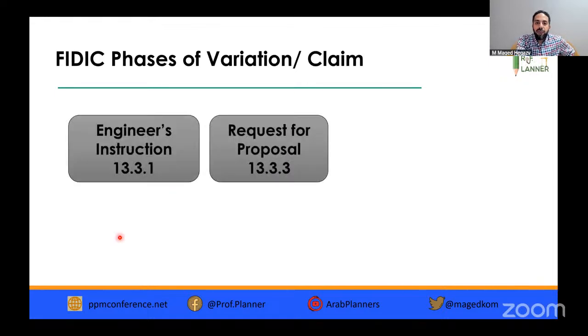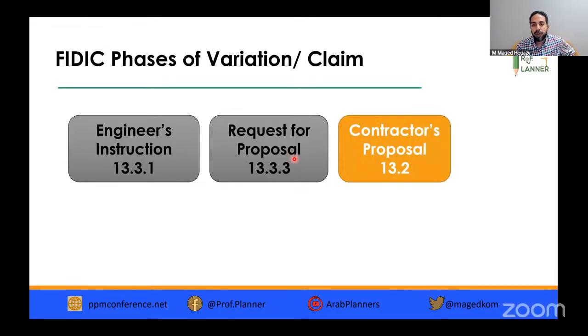We may have in FIDIC a variation by engineer's instruction or request for proposal. And we know the differences if it's decided to do or not to do the work, and the contractor can submit a claim if he prepared the proposal and the work was not decided to be done.